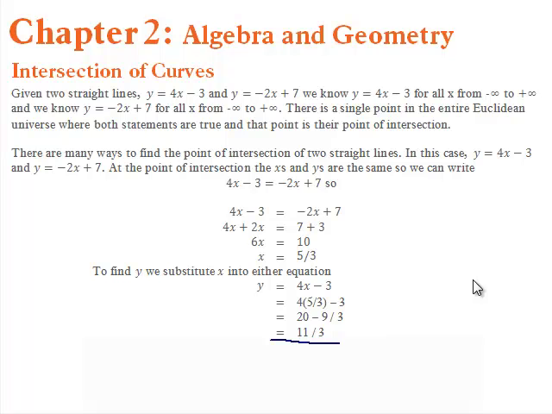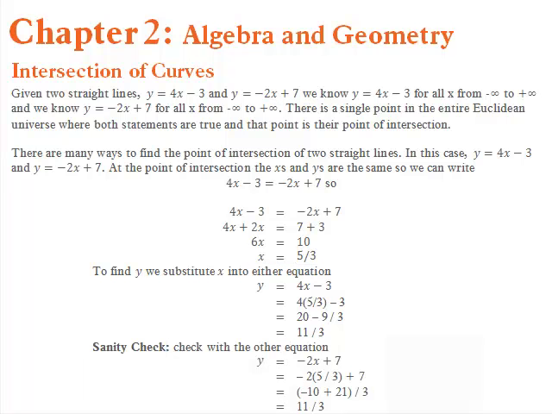Did we get it right? Well, the quickest way to check is to put that value of x into the other equation and see that that's the same. 11 over 3, 11 over 3, so they are the same. I call that the sanity check. Now let's look at the intersection of higher order curves.